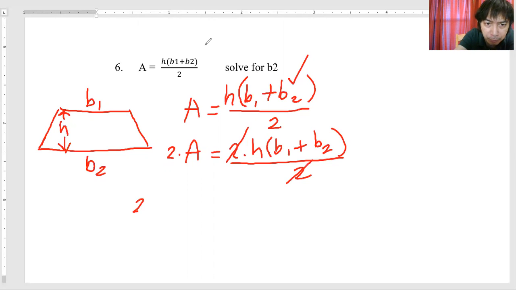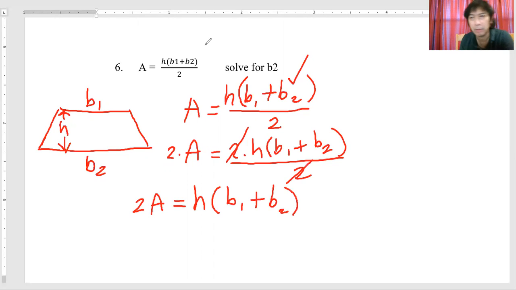Let's put it over here. Twice the area is now equal to height times the quantity b1 plus b2. Remember, there's a parenthesis there, so the added bases are to be multiplied by h. To move the h, you will have to use divide.